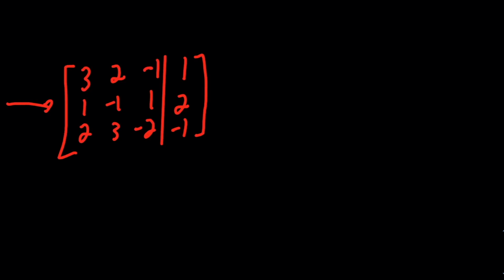So the first thing we're going to do is grab row 2 and subtract it by row 1 divided by 3. We will then move that to row 2.